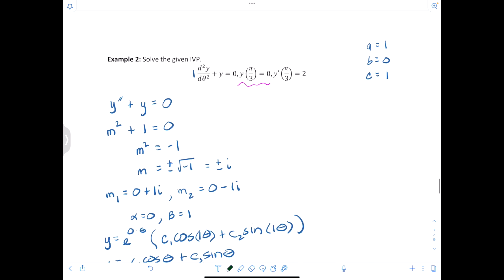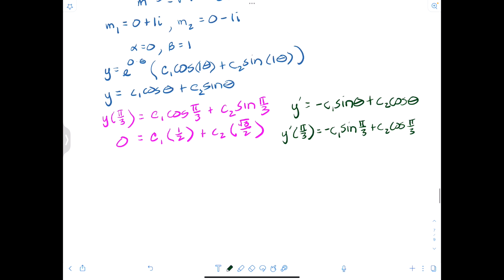And it was given to be 2, so I'll substitute in 2 on the left. And then we'll have negative c1 times root 3 over 2 plus c2 times 1/2. Cool so far?